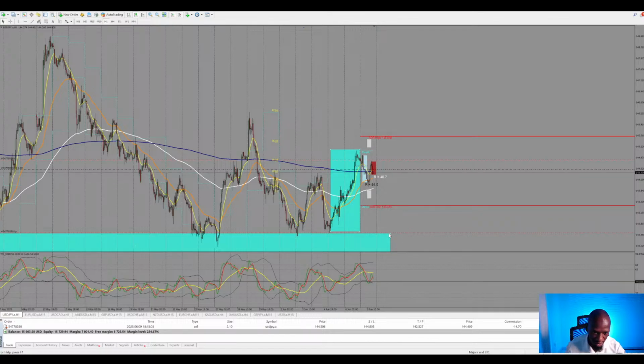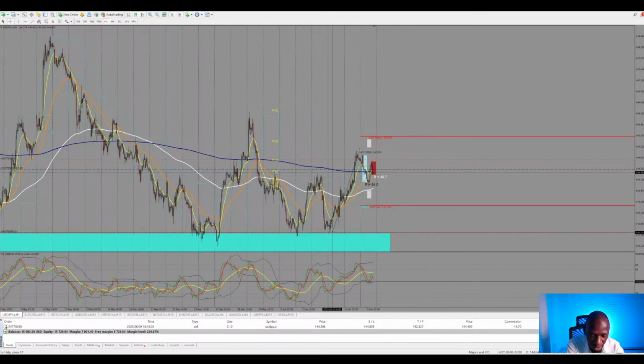Right, so let's pick the crosshair. So this was our last turning point, call it a pivot point, and then this was the high last week.